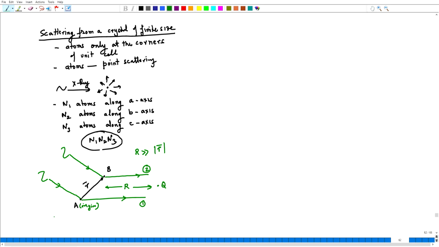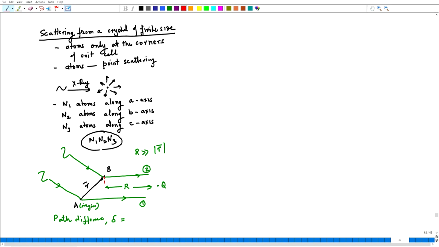Now, what is the path difference? Path difference between ray 1 and ray 2, let me call that again delta. And in order to find that out, let me do a small construction again.